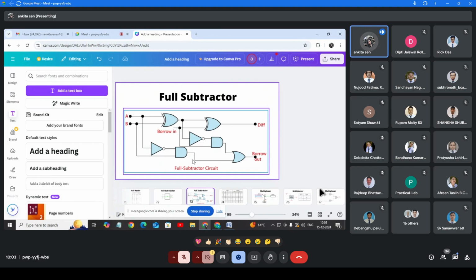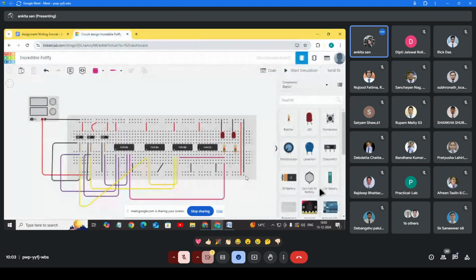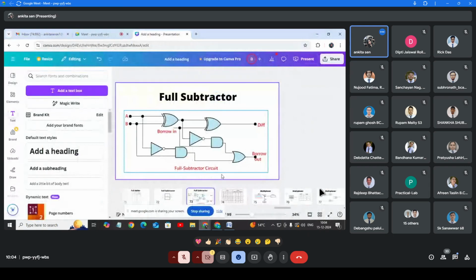The output of the AND gate should be fed to the OR gate. My mistake. Sorry. Should be fed to this input. Okay, what OR gate? So this one.